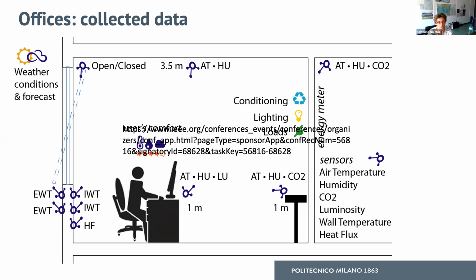We had the information about the windows being open and closed, because we were mapping also the behavior of the user, the light being on and off, the quality of the air, the conditioning, lighting, and loads elements to see how the energy was spent within the room, and other humidity, temperature, and lighting information within the room.